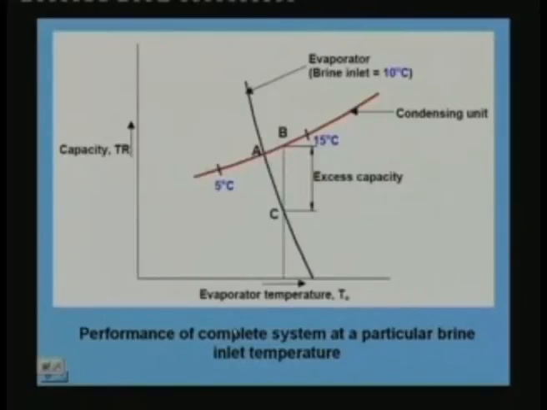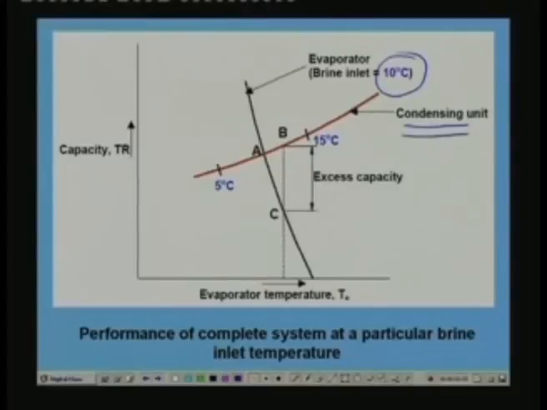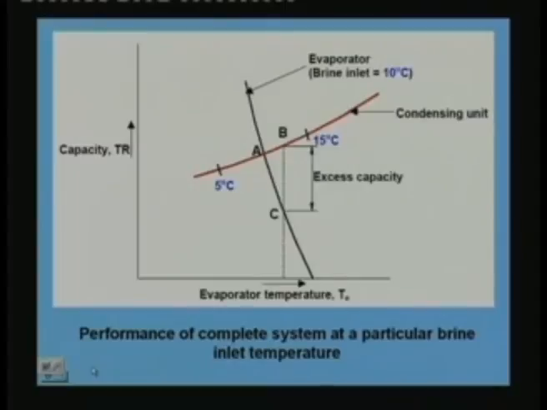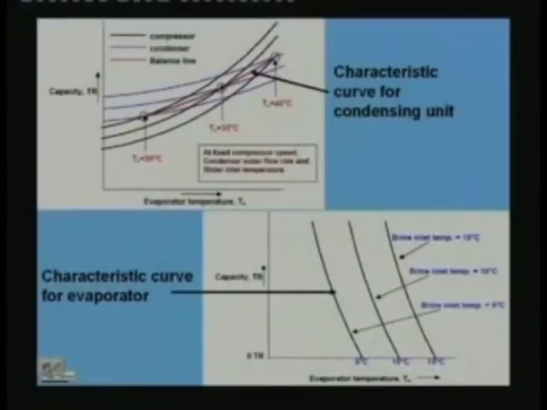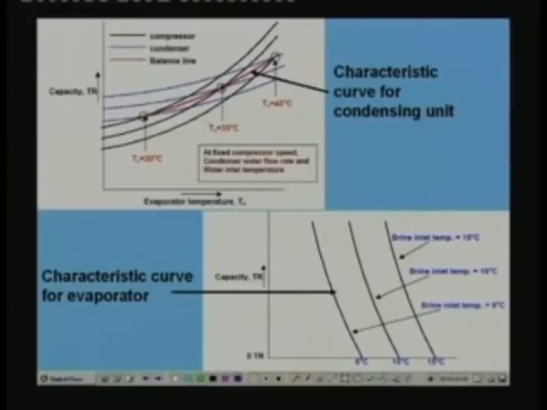So if you superimpose this, you get a curve of this kind. I have shown this for one particular brine inlet temperature, that is 10 degree centigrade. This is the condensing unit characteristic curve which we have seen earlier, that means this red line. So this curve is superimposed onto this one.